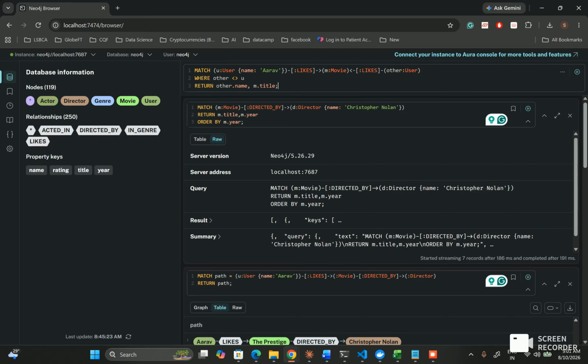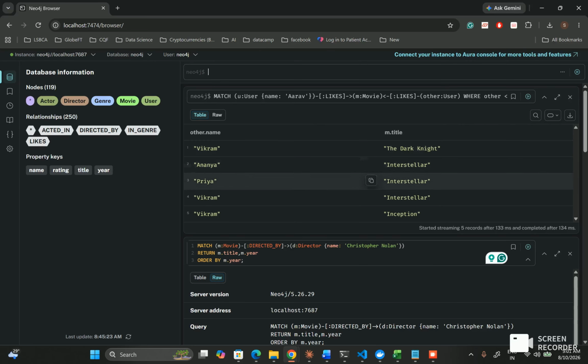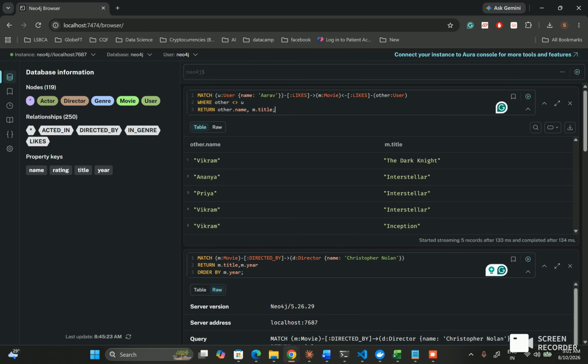Now over here, where filters results, and this operator means not equal to, the same symbol SQL uses. Let me run this. So here what is happening? Name is Arav. He likes movie. The same movie is liked by other users as well.